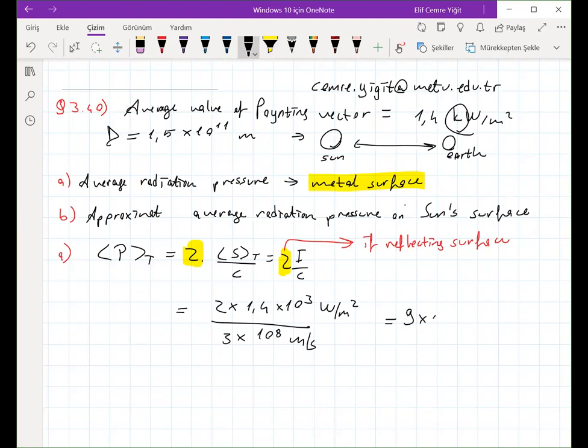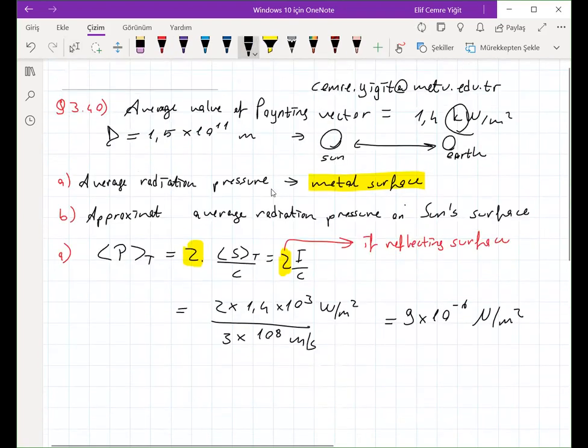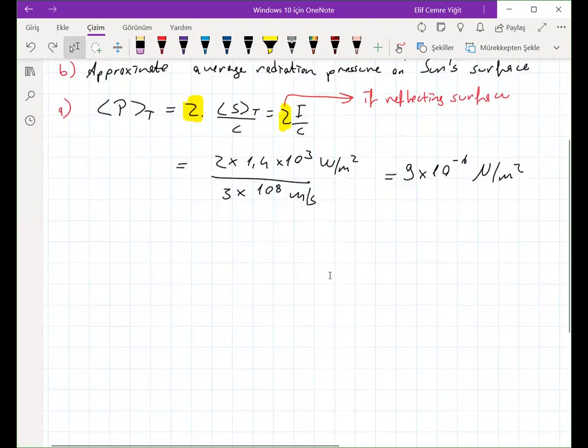It will be 9 times 10 to minus 6 Newton per meter square. So this is the answer. It's easy, but please be careful if it asks for average or instantaneous. It wouldn't be instantaneous, most probably, but still be careful.